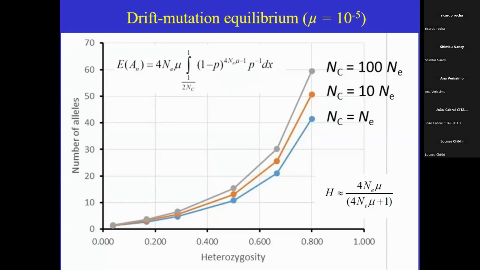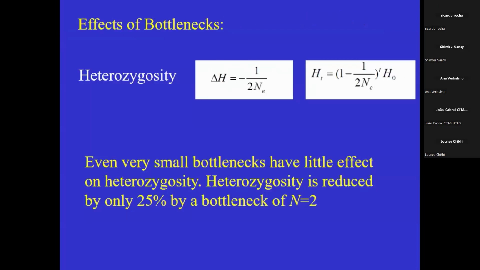The larger NC is, the more alleles we expect with the same effective population size. And it's really curious to me, Motoo Kimura published this in 1964, but it really has sort of been ignored since then, and people don't always appreciate the fact that the number of alleles is a function of both of these.